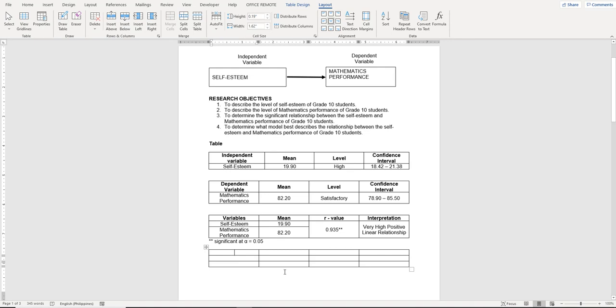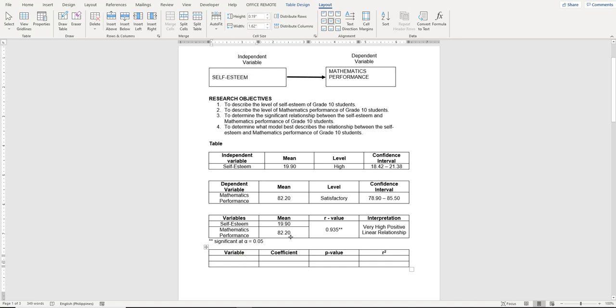We have the variables, the coefficient, the p-value, and R squared, which must be in small letters.